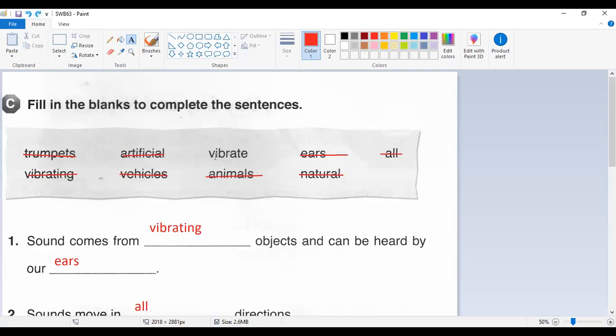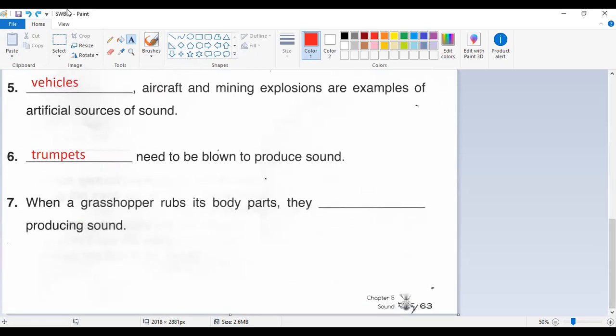That means the last one is vibrate. Grasshoppers. When grasshoppers, insects, rub their body parts, they vibrate. That's like if we rub our hands, we can hear it. They're causing things to vibrate.